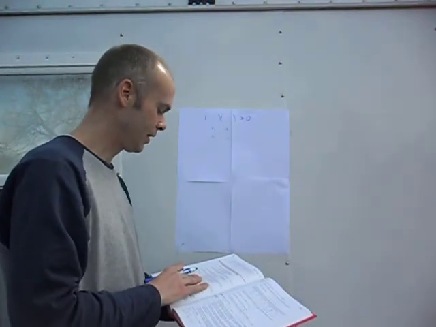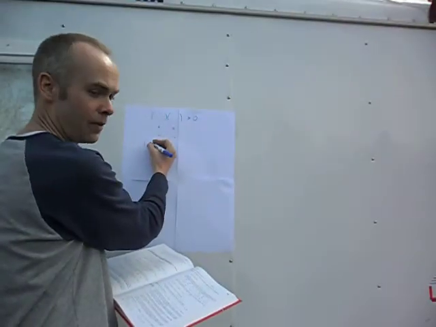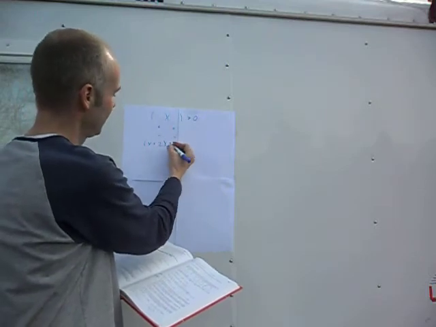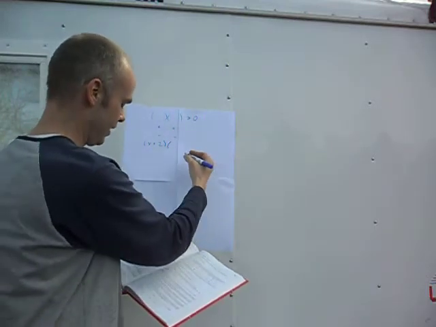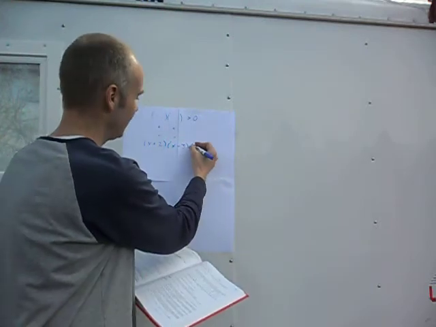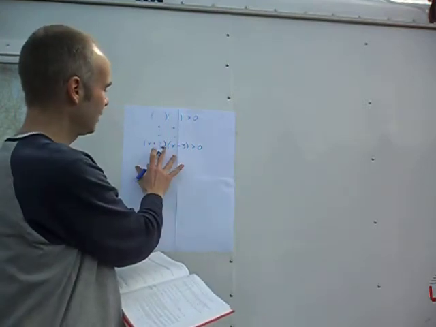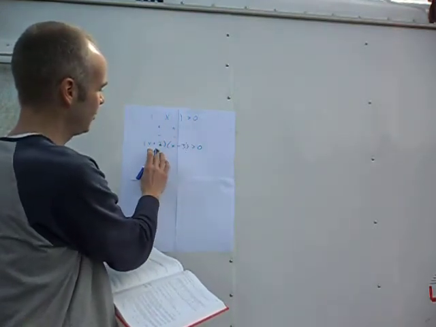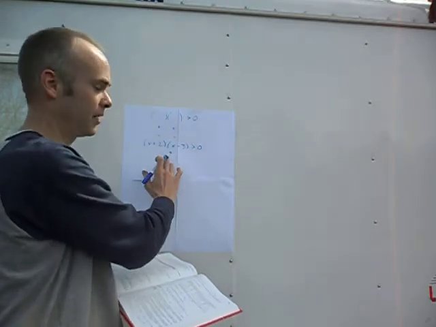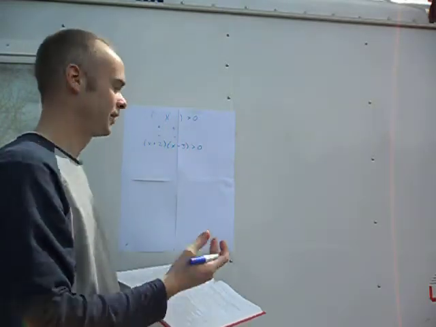Example 110 is if you've already factored into x plus 2 times x minus 3, and we say that the entire product is greater than 0, then we say that either both of them are positive or both of them are negative. When we say positive, we mean it's greater than 0, and negative is less than 0.